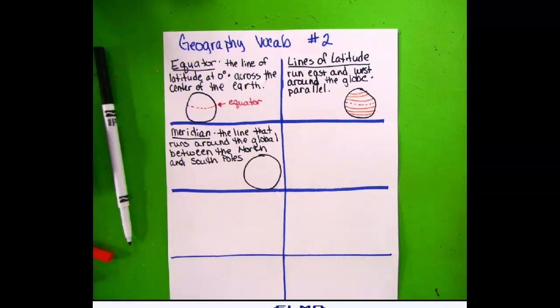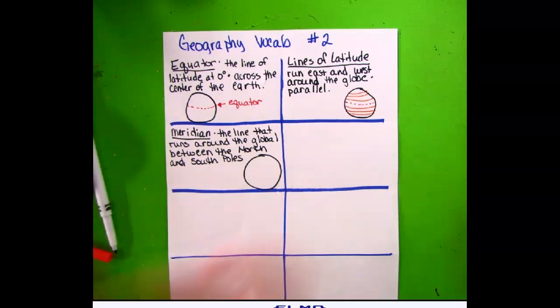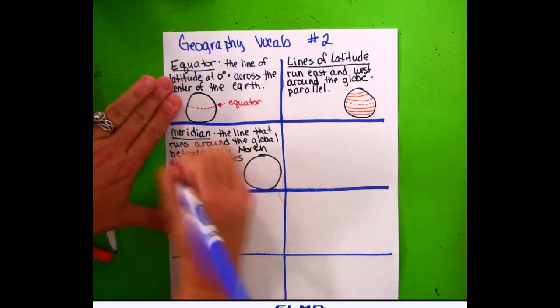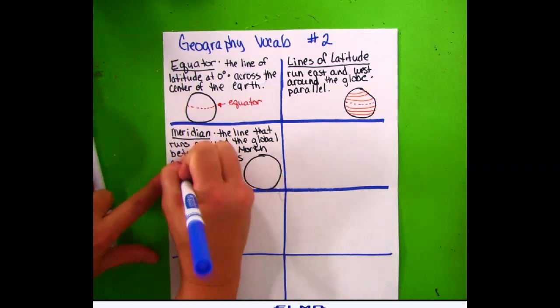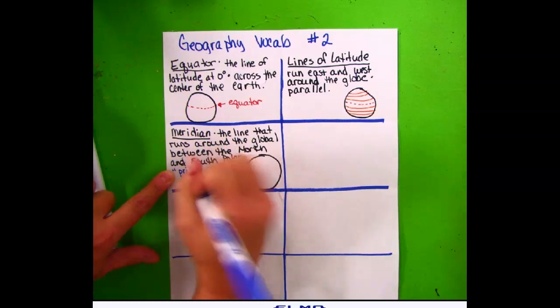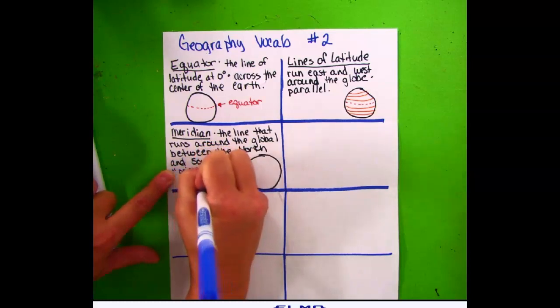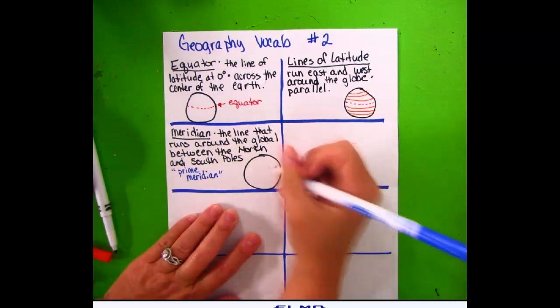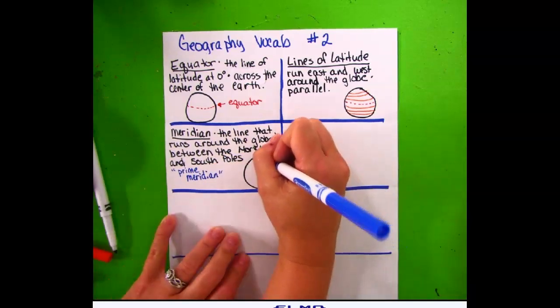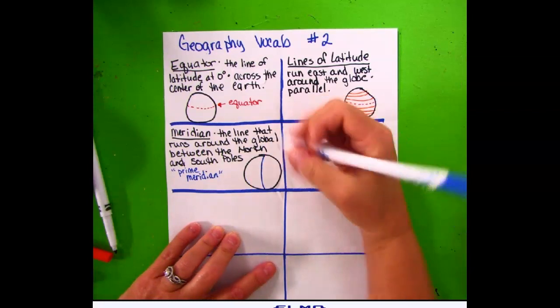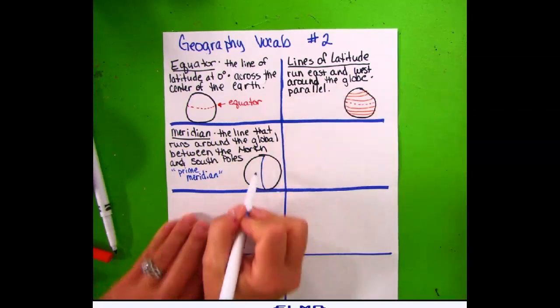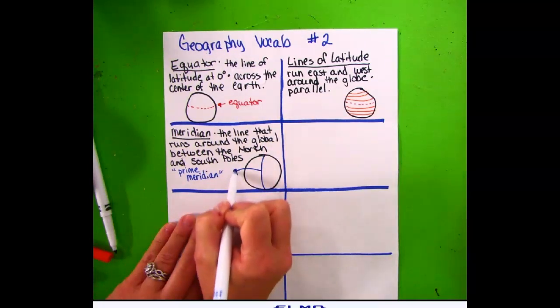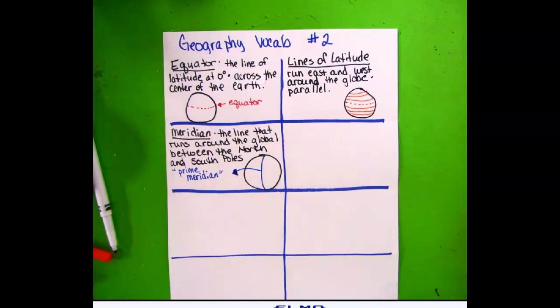So I think we normally are used to it being called the prime meridian, so I'm going to write down that we call it the prime meridian. And again, it is the line that goes between the North and the South pole. Okay?